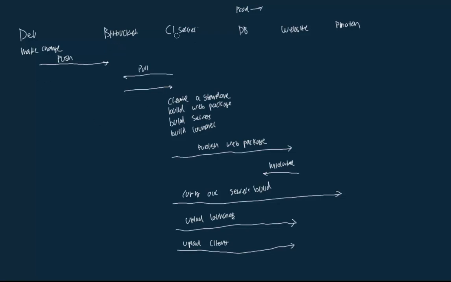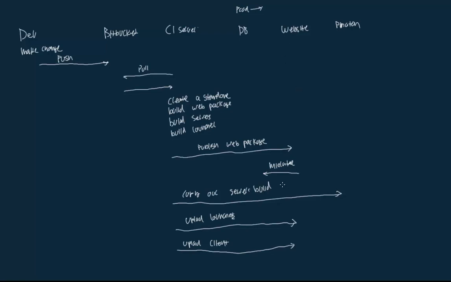We then tell our CI server to do one of these 4 things, in which case it pulls the changes from Bitbucket onto our CI server, so our CI server has the latest version of all of our code. It then builds, so it creates a standalone, it builds a web package, it builds the servers, and it builds the launcher. Then it'll publish the web package by deploying the web package to our website.